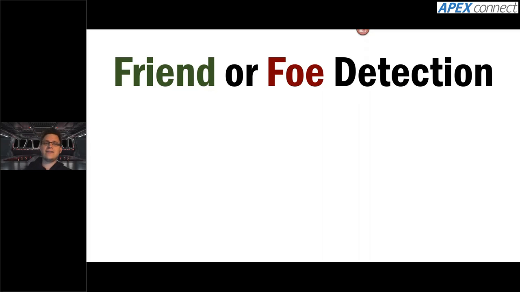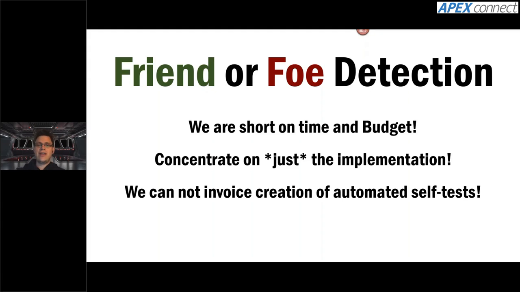We are kindly asked to create a friend or foe detection for the Death Star. And of course, we are short on time and budget. We concentrate on just the implementation, and we should explicitly not create automated tests because we can't build them. Fortunately, we know very well how friends and foes of the Empire look like.